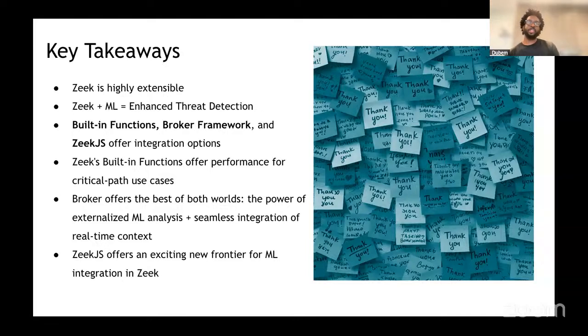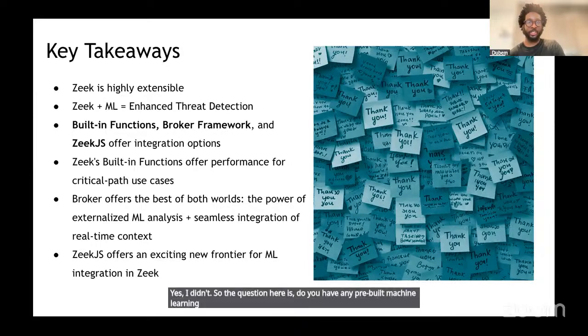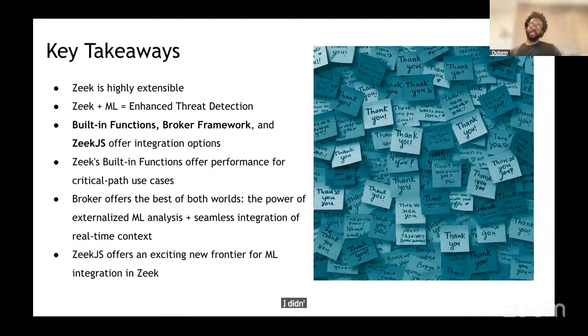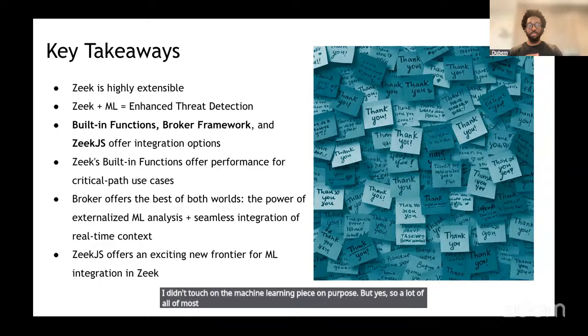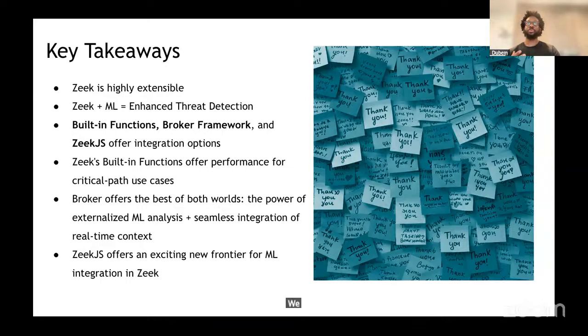The question here is, do you have any pre-built machine learning models trained using network traffic labeled with various threats? I didn't touch on the machine learning piece on purpose, but yes. Most of our training is done offline. We have access to a ton of data, labeled or otherwise, thanks to Zeek itself.